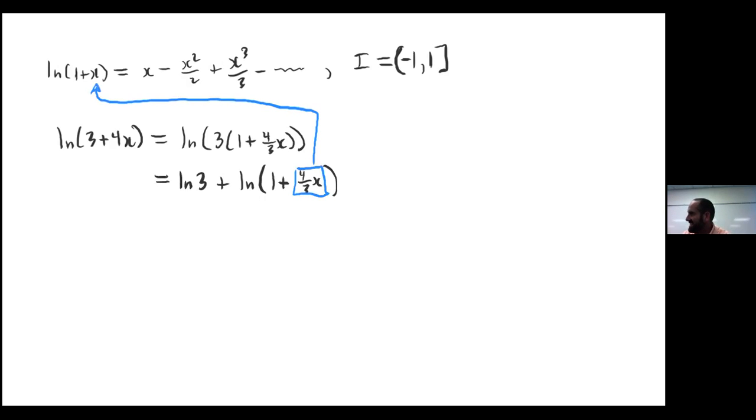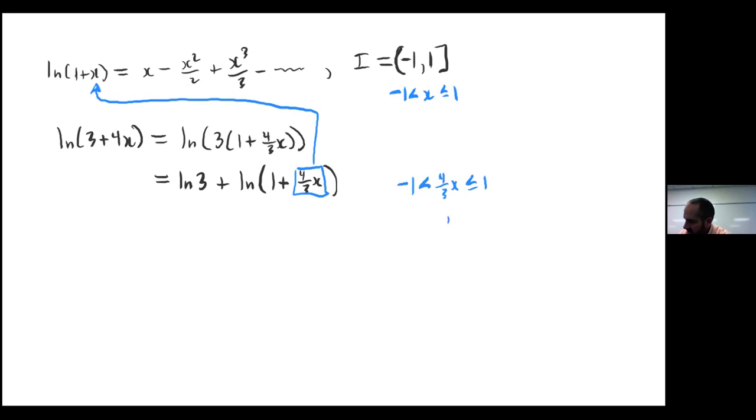Does that make sense? Up here, you know that you had convergence if -1 was less than x was less than or equal to 1. Here, x is being replaced by 4/3 x. Do you know what I'm saying? Therefore, you're going to have convergence if -1 is less than 4/3 x is less than or equal to 1, which, by the way, tells you what?